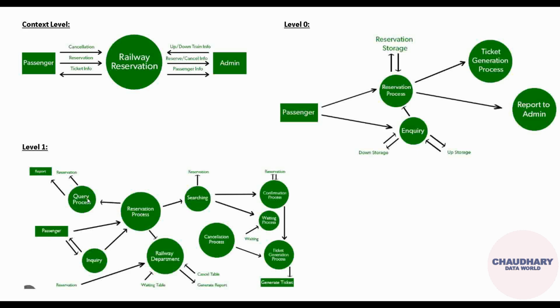It handles the query process, it has the sub process inquiry, and it has the sub process railway department. Now this reservation process is linked with another process, that is searching, and searching again has multiple sub processes. Like this, you will be constructing a granular level diagram for a particular business.